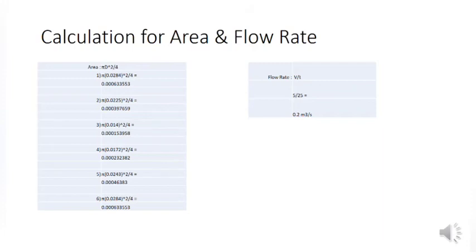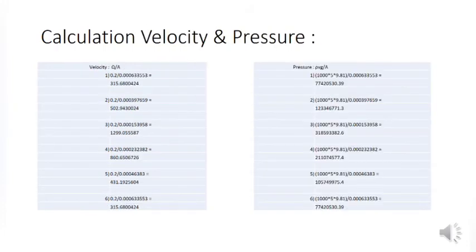The flow rate, as I taught before, we use volume over time, which is the constant 5 liter and 25 seconds. So we get 0.2 meter cube per second.